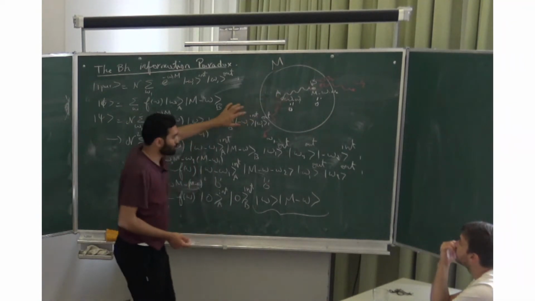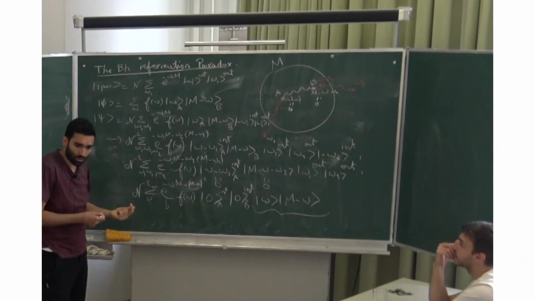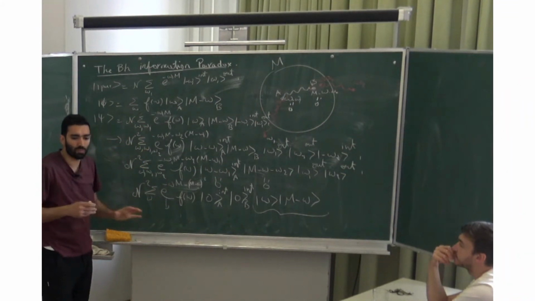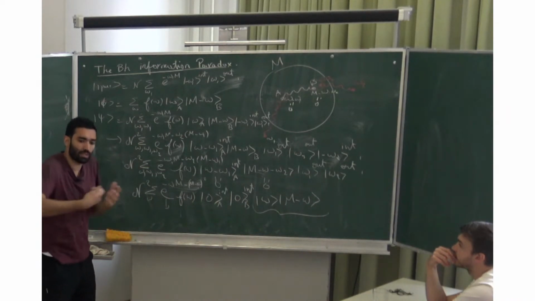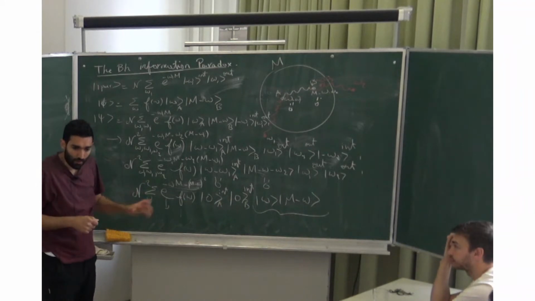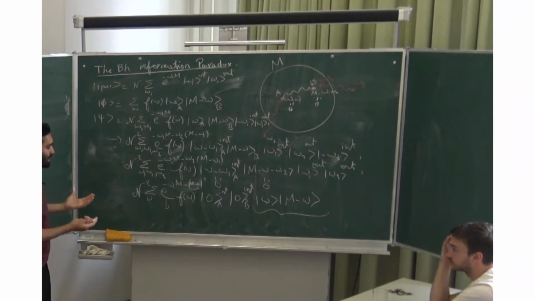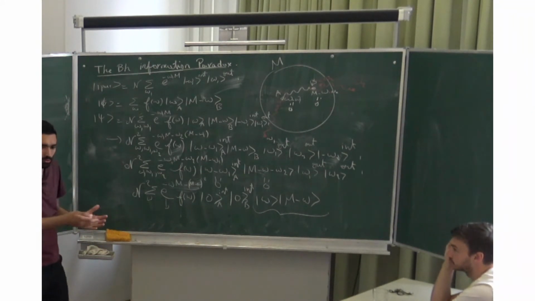Right? So at an early stage, the black hole has the possibility of not being evaporated. So saying that it has evaporated is some kind of measurement or projection. But it's just that evaporation is one out of many possibilities.